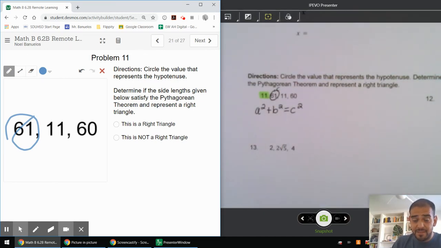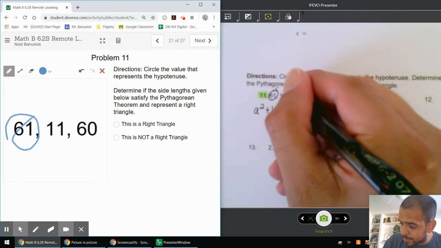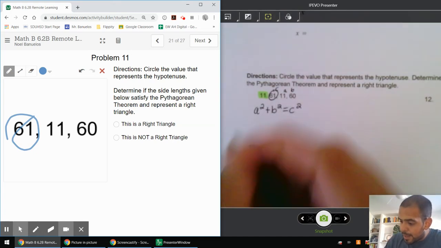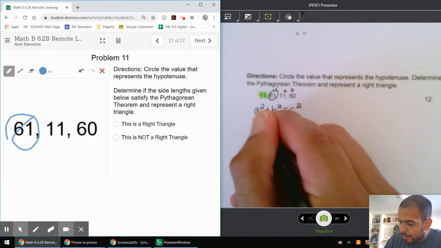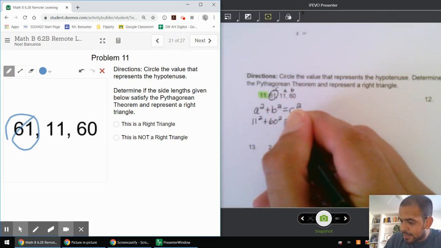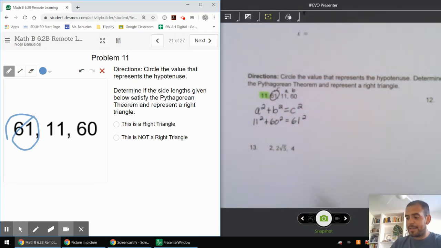But let's see if it does equal. Okay, so we'll say that this is A and this is B. So A squared, 11 squared, plus B squared, 60 squared, is equal to 61 squared. Let's see if these 3 side lengths truly do form a right triangle.